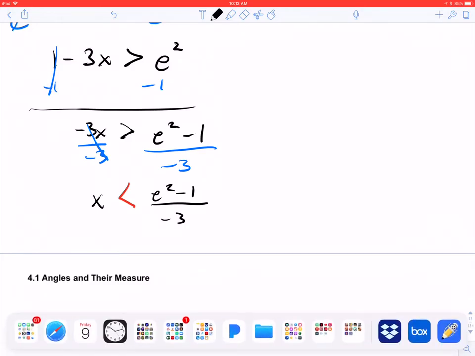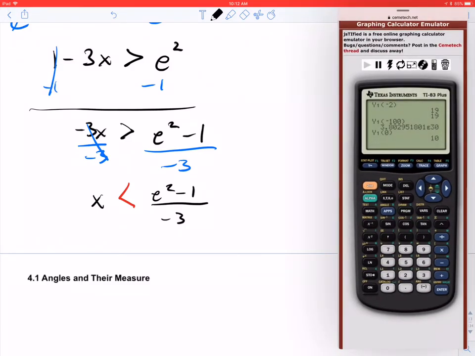Then what I'm going to do is here, clear. E squared minus 1 divided by a negative 3. Can we get a fraction? No? Okay. So I'll say it's approximately negative 2.130. Okay.